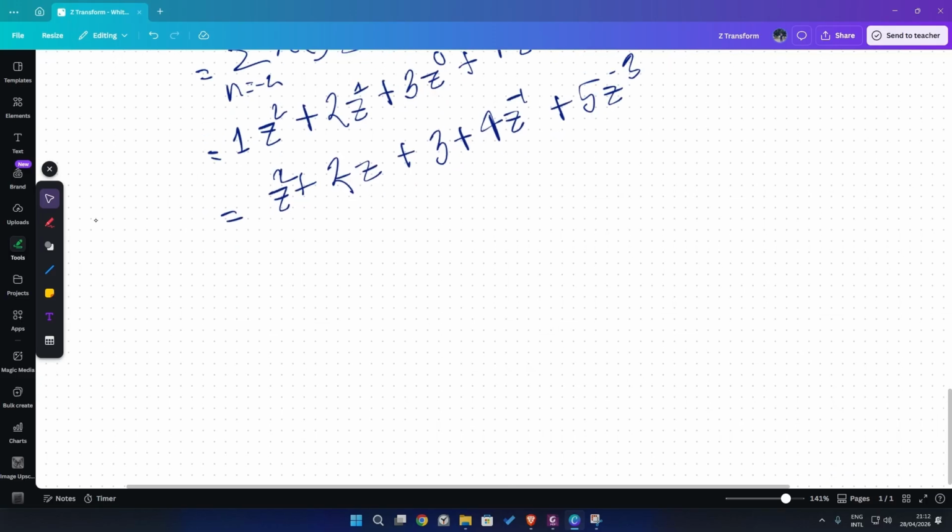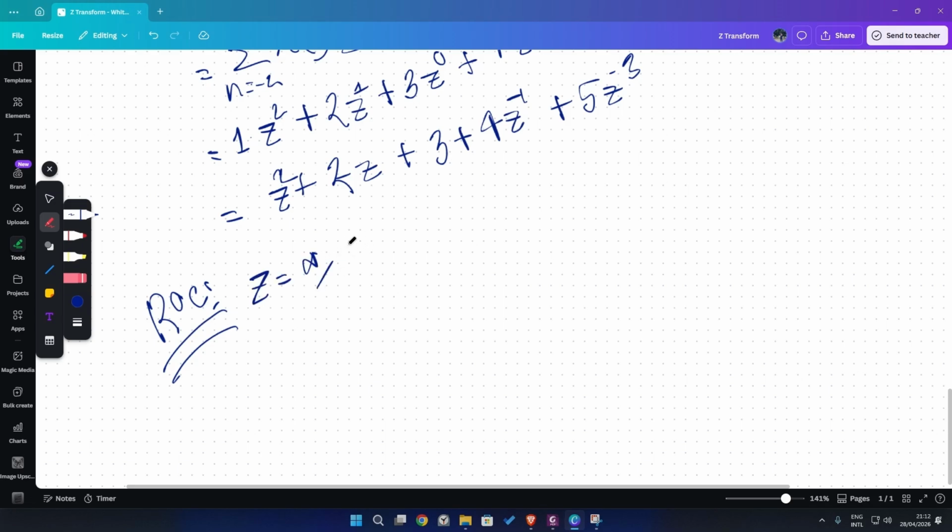Now we will find out the ROC. So what will be the ROC here? We are seeing z as well as z inverse terms. We need to remember there will be no infinity term. So if z equal to infinity or if z equal to 0, in both cases we are getting infinity.